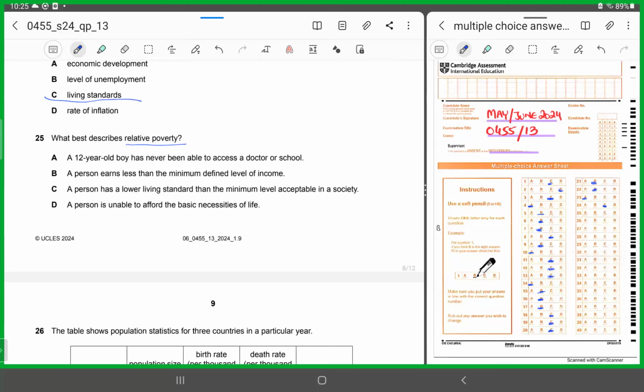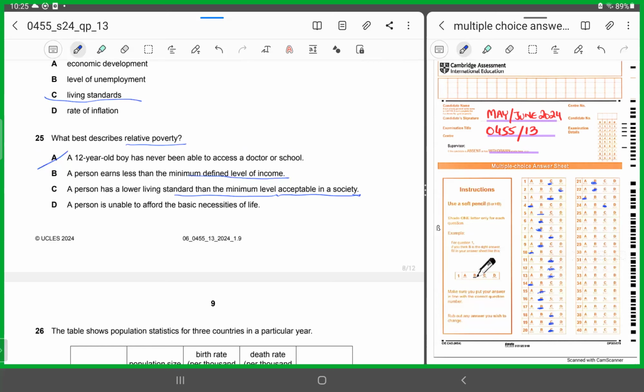Now, keeping the definition in your mind, let's look at the options. A says a 12-year-old boy has never been able to access a doctor or school. That's irrelevant. B says a person earns less than the minimum defined level of income. That cannot be relative poverty. C says a person has a lower standard of living than the minimum level acceptable in a society. Yes, that's the correct option. Why? Because we are saying people are poor relative to other people in the country, right?